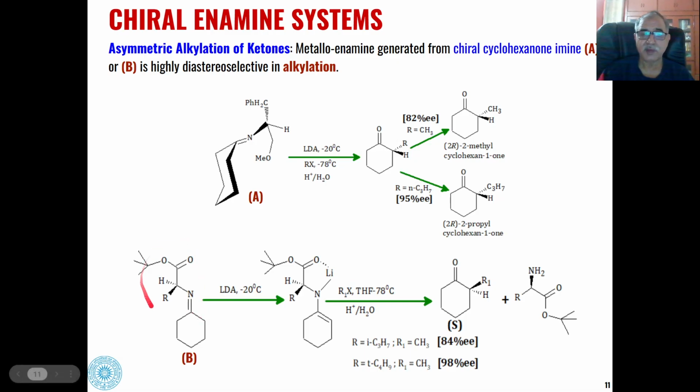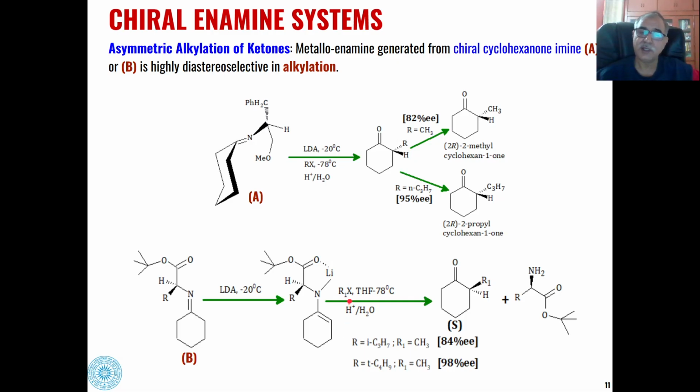Similarly, if we have this type of chiral cyclohexanonamine, then on reaction with LDA, the enamine will be formed. This will become a double bond and lithium will get attached to this nitrogen, and this type of metal mediated enamine will be formed.